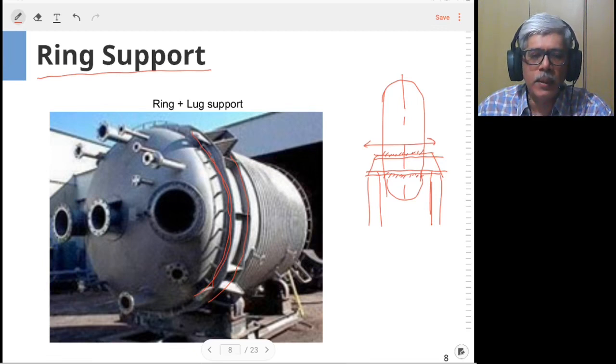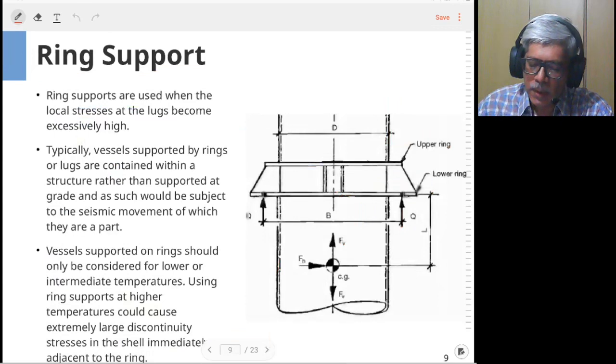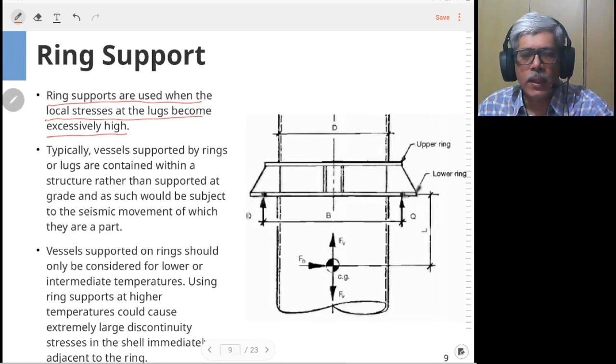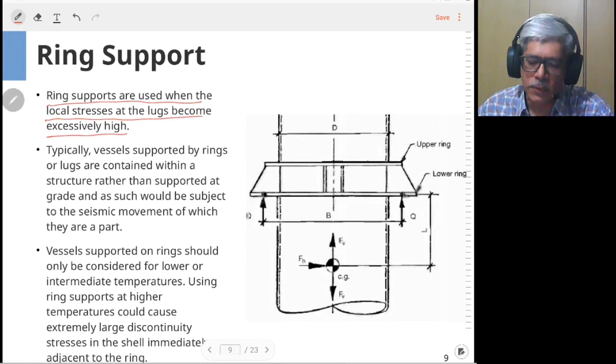However, there are some cares to be taken in the case of ring supports, which we'll see now. The first point we have seen: ring supports are used when the local stresses are excessively high. That is where the ring supports would be useful. Typically, for vessels supported on ring supports, the ring will transmit the load of the vessel to the civil structure by means of some steel structure.